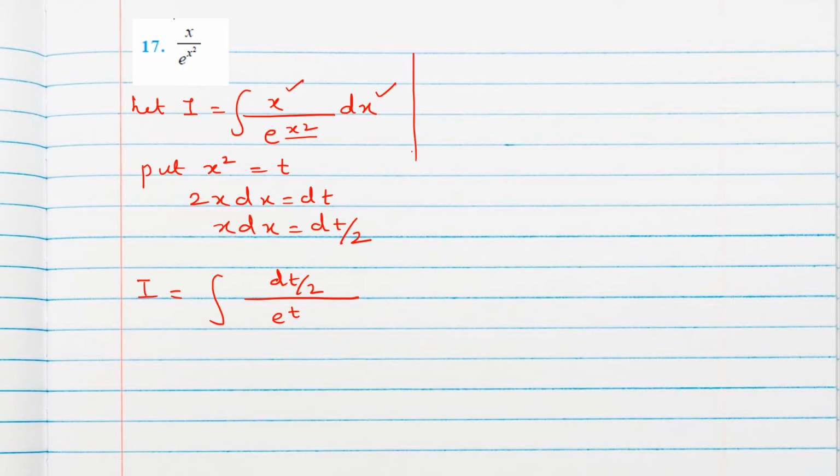So now 1 by 2 we can take outside. 1 by e power t we can write as e power minus t dt. Integration will be the same, but then divide by the derivative of minus t, which is minus 1.